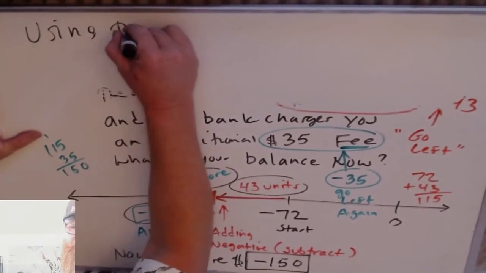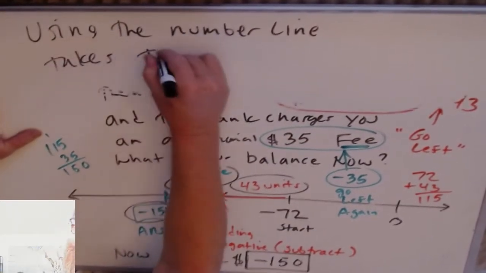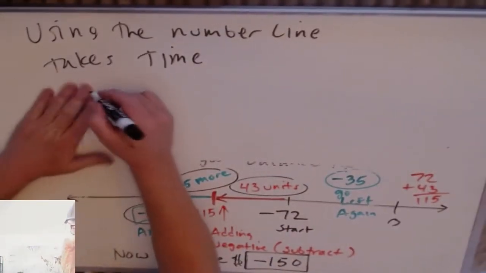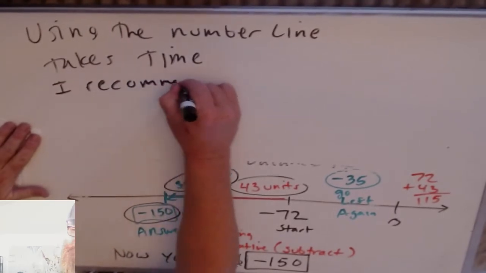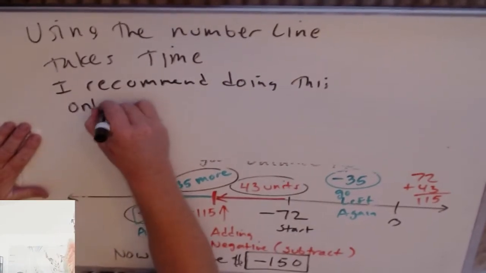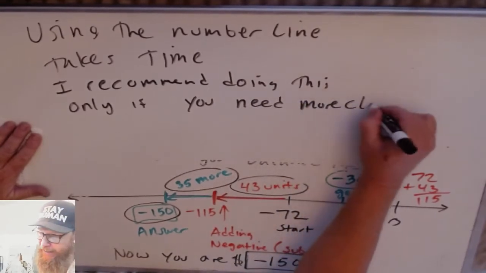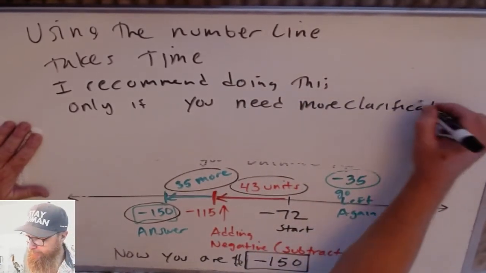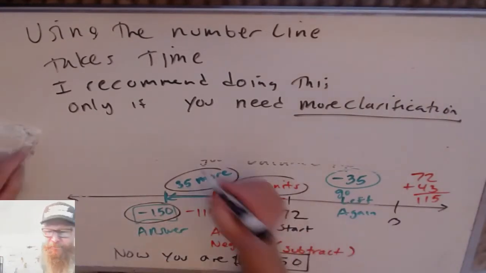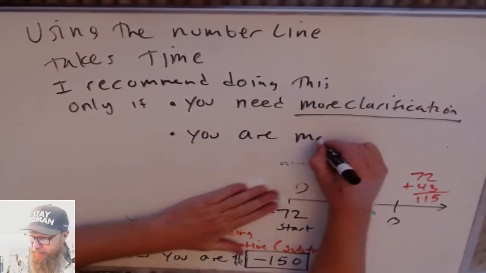Using the number line takes a lot of time, so I recommend doing this only if you need more clarification. In other words, if drawing the number line helps you to see it better, or if you are making mistakes.